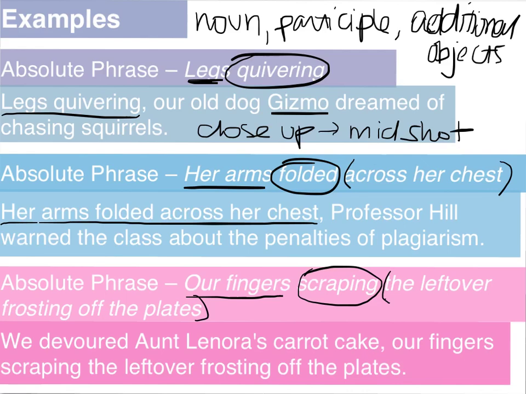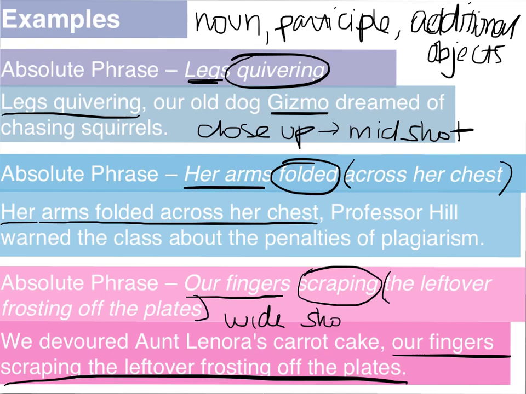Lastly, our last example has it as an add-on modifier, and this one takes us from, let's say, a wide shot of this whole group of cousins to maybe a close-up of all of their fingers scraping the leftover frosting. So you see how the absolute phrase gives you a little bit more detail of what's going on in the sentence.